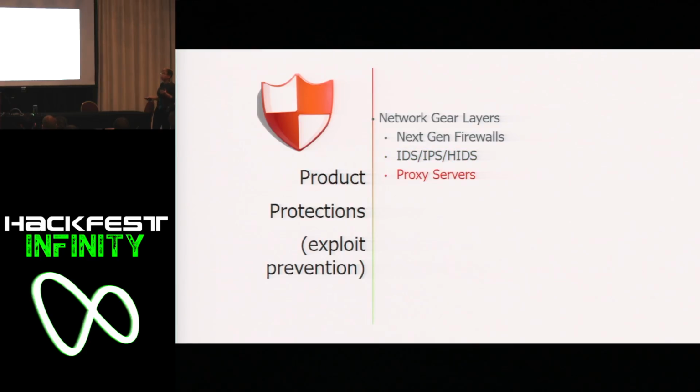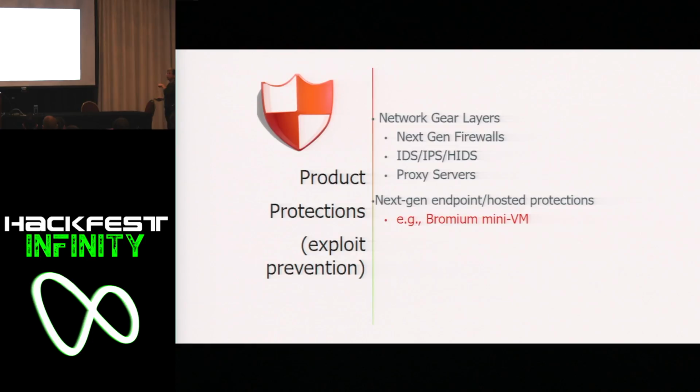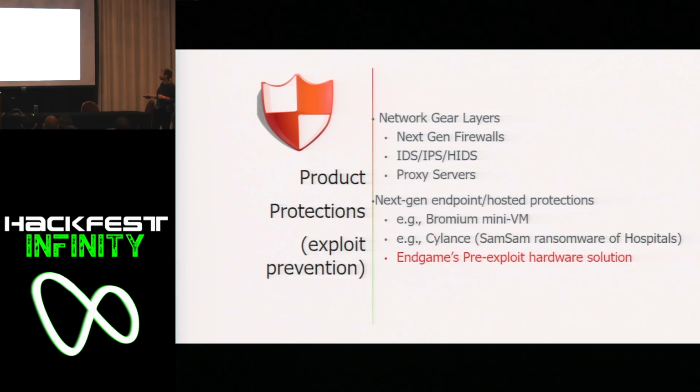Network gear, we've got our usual layers. And we also have some very interesting products coming out, like Bromium, which has a mini VM to contain malware, as well as Cylance. I don't know if you all are familiar, but they were very instrumental in rounding up the SamSam ransom that targeted hospitals.